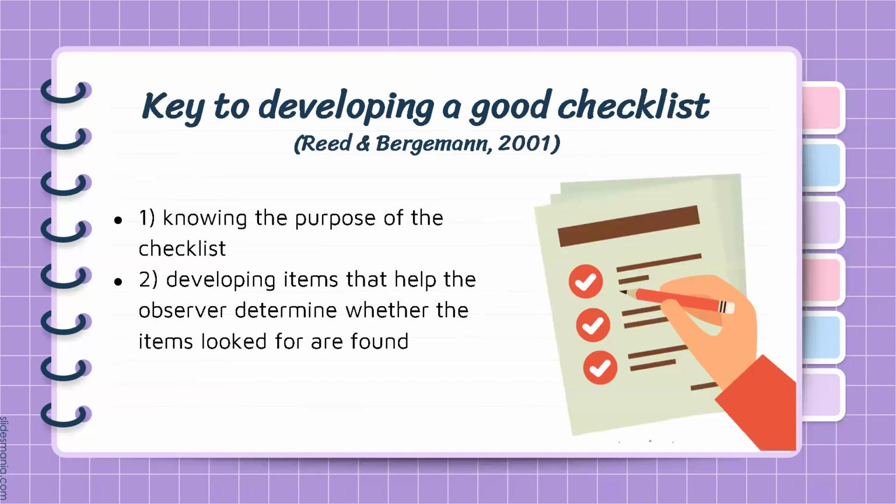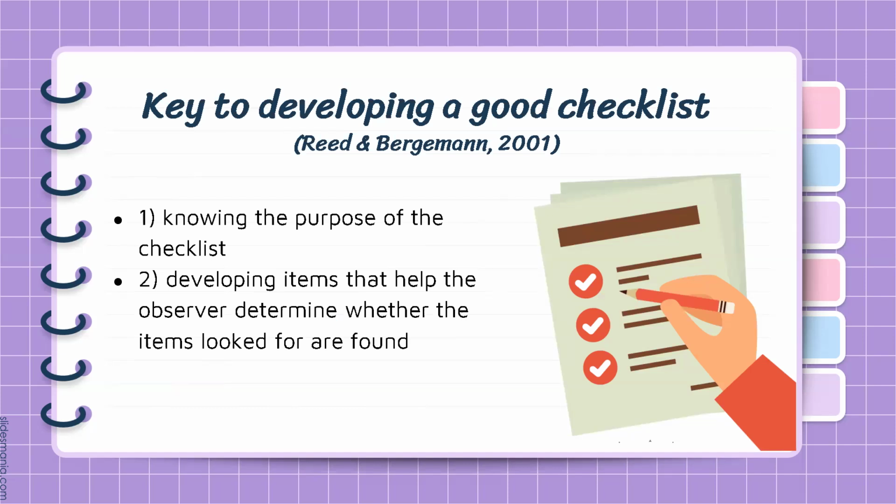There are keys to developing a good checklist, according to Reed and Bergman. First is knowing the purpose of the checklist. You have to have a purpose in mind. Why are you creating this particular checklist? What is it for? Having a purpose, you will be guided in constructing a good checklist, indicators, or statements that align with your purpose.